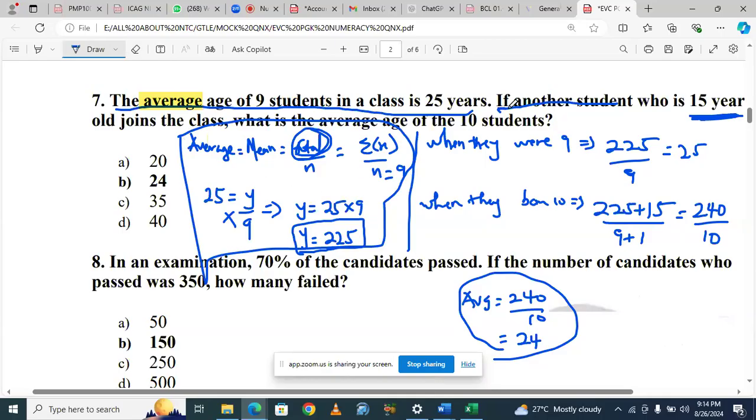When you come to the second part of the question, it says if another student who is 15 years joins. When they were 9, the total was 225. What will be the new total? 225 plus 15. So you add the old total and the new age.